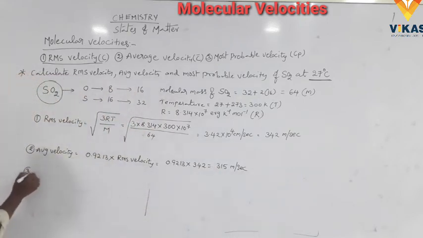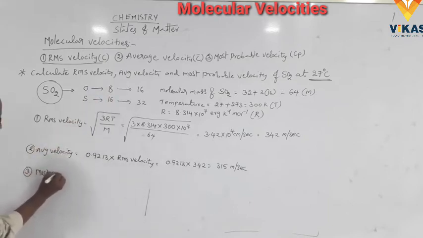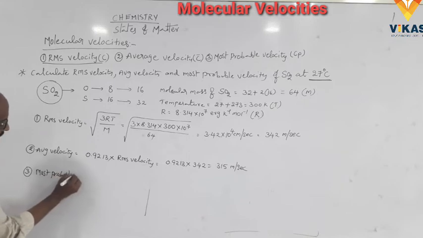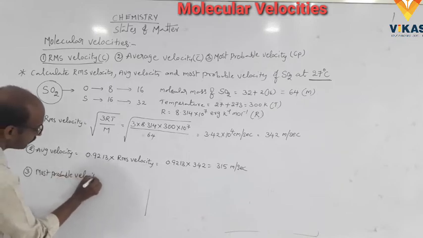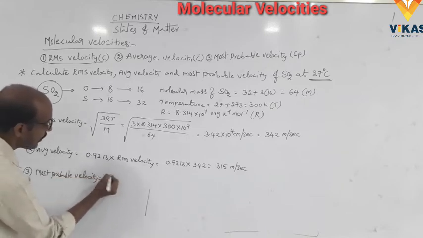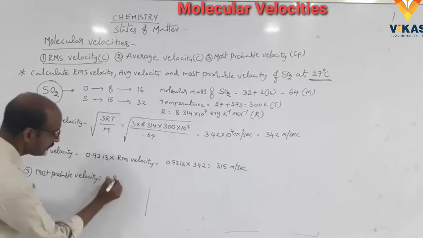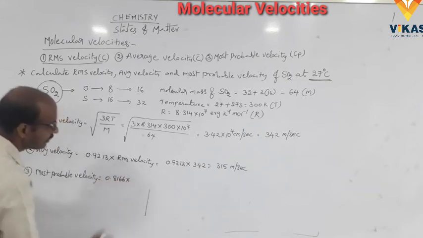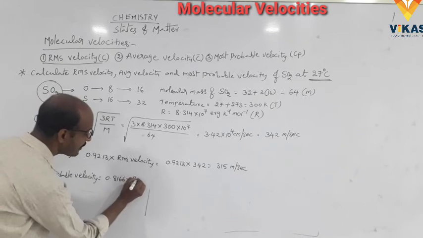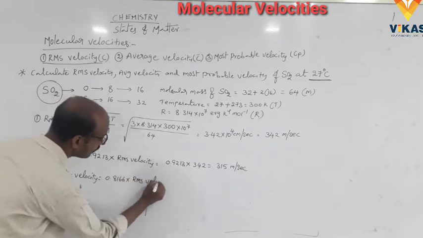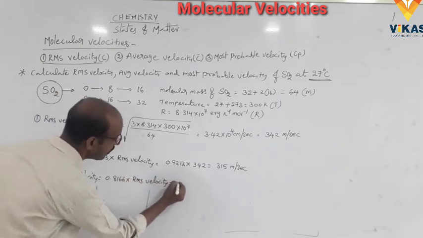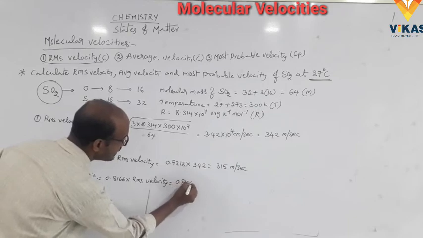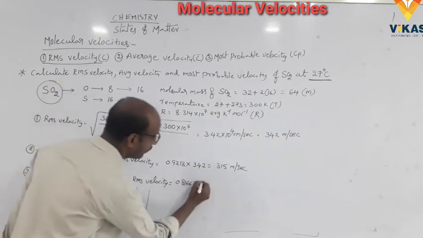And the third one, most probable velocity. Most probable velocity is 0.8166 into RMS velocity, that is equal to 0.8166 into 342.